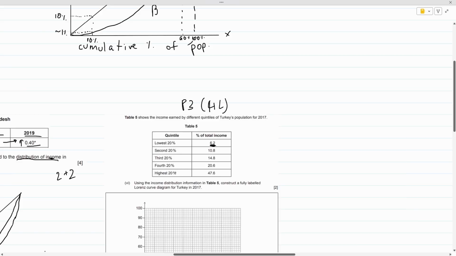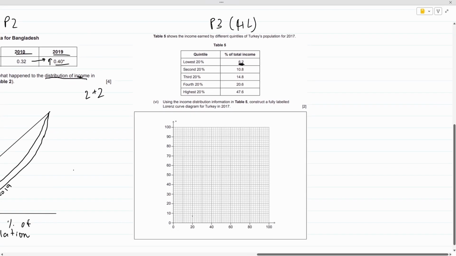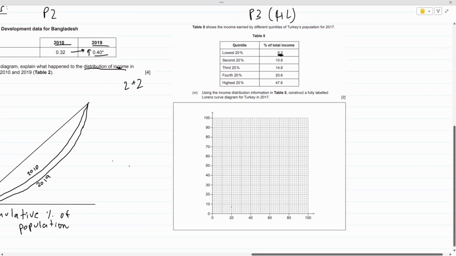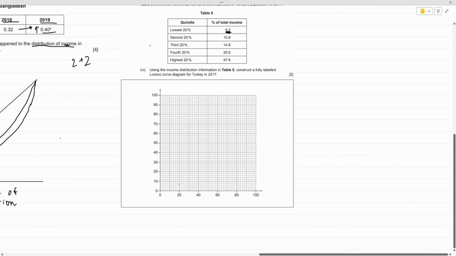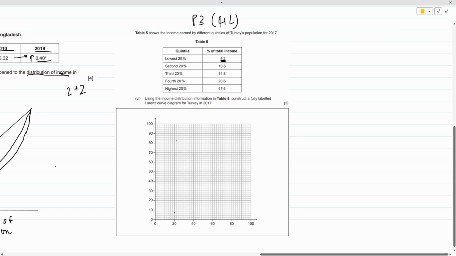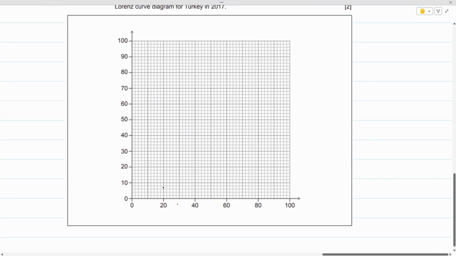Now here is where students tend to make a lot of silly mistakes. An important aspect of the Lorenz curve is that it's a cumulative percentage graph. So if they're giving you the second point, the second 20%, what that really means is the 20% between these two. And if you're going to mark something on the 40 percent population x-axis, it has to be for this entire population.